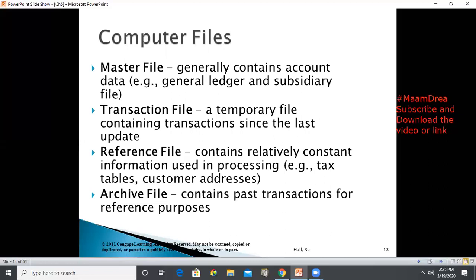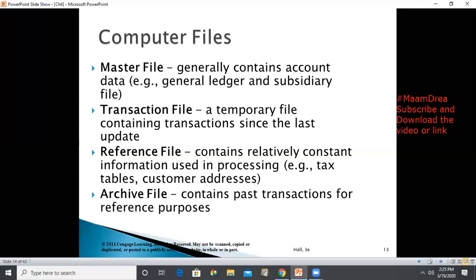That's the examples for transaction files. A reference file stores relatively constant information, or those that are standard or used as standard. For example, in a payroll system, we use a tax table for the compensation, right?